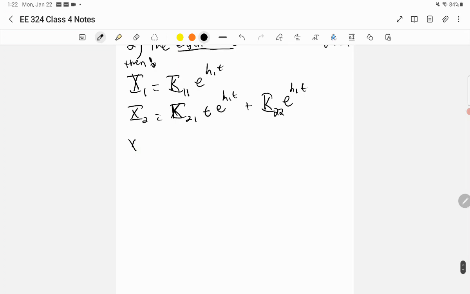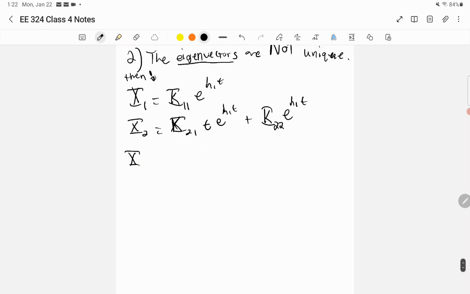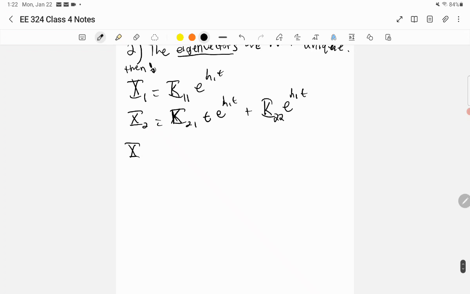And if we had to keep going beyond that, we're only going to be generally dealing with 2 and 3D systems, but as we go higher, this could become more prominent. I guess in a 3D system, you could get something that looks like this too. We could have k31 t squared e to the lambda 1 t plus k32 t e to the lambda 1 t plus k33 e to the lambda 1 t.